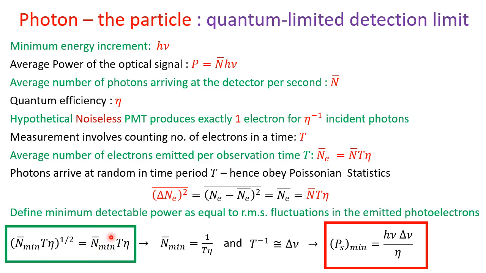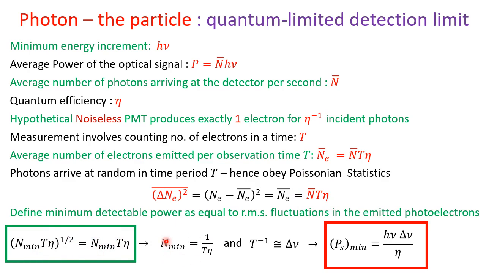That is right, my P minimum is equal to the RMS fluctuation. That is what is my P minimum. So I'm just putting in these factors as it is, right? The square root comes out from the Poissonian statistics, standard deviation, right? So if this is equal, then I can rearrange this and I get the following.